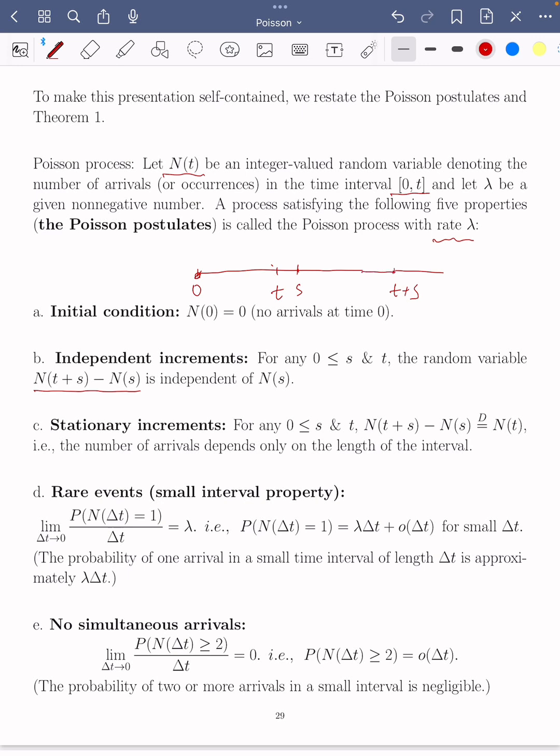Okay, and then the number of arrivals in this interval is N_t. And also the number of arrivals in this time period is N_{t+s} minus N_s. And also you can see that this interval's width is equal to t, and this interval's width is also equal to t as well. So as long as these two interval widths are equal to each other, the number of arrivals in these two time intervals have the same distribution. Which is this.